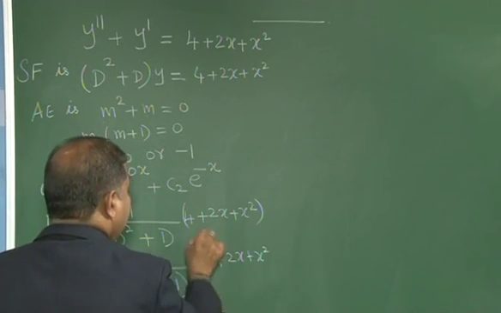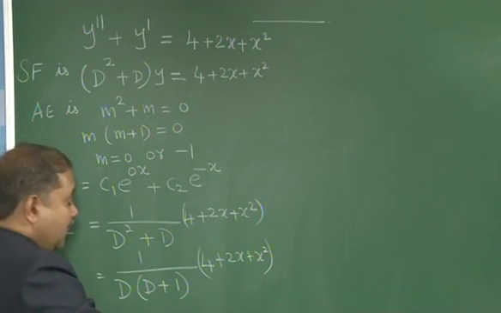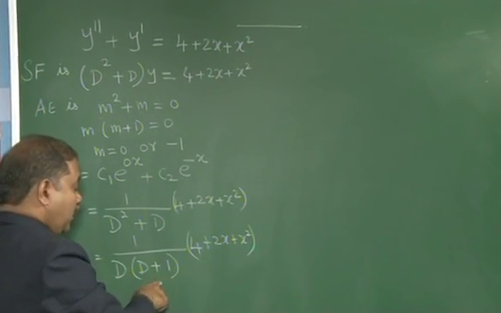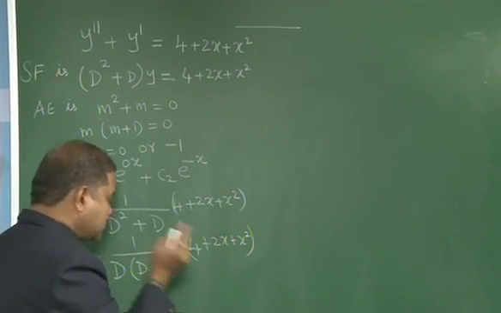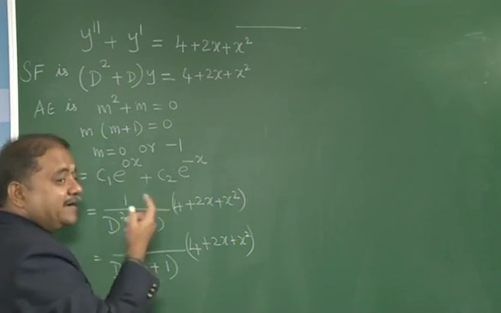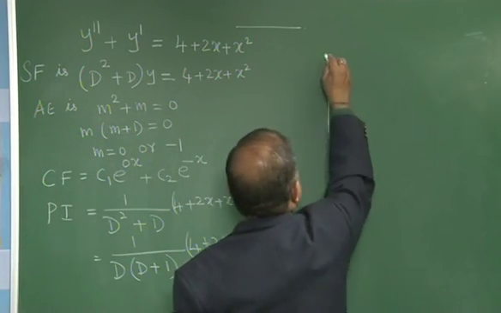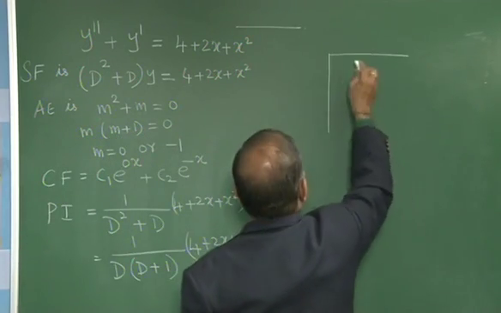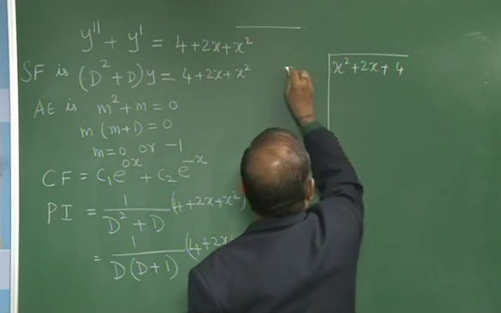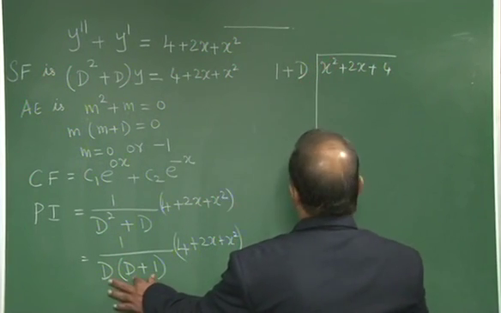So I have taken d commonly outside. I have taken d plus 1. I will do the division with only d plus 1. In previous classes also we have seen 1 by d is going to be integration. Now how should I do the division process? x square plus 2x plus 4 only with 1 plus d, only this term I have taken.